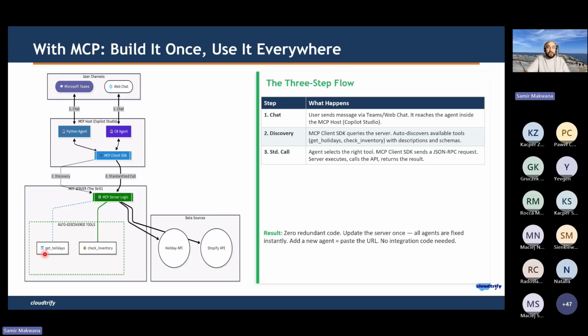As soon as we make those 2 changes, all the agents, not only these 2, but any more agents connecting to the same MCP server, will get those changes without any issue.